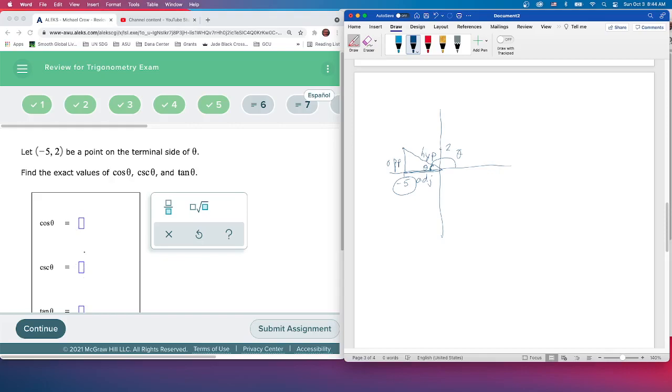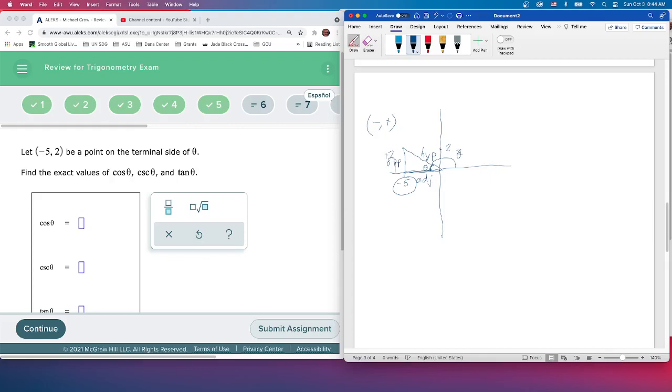Cosecant is 1 over sine, so it's going to be positive, and tangent's going to be negative because it's a negative and a positive in this quadrant. So think about your signs, but everything will come together here. The opposite side is 2, and that's a positive 2. If we keep that in mind, we're going to be fine.